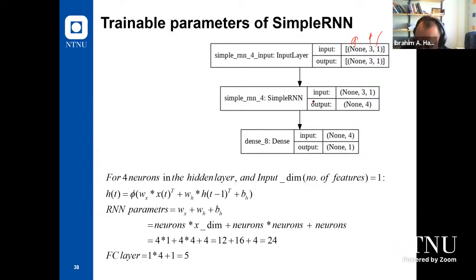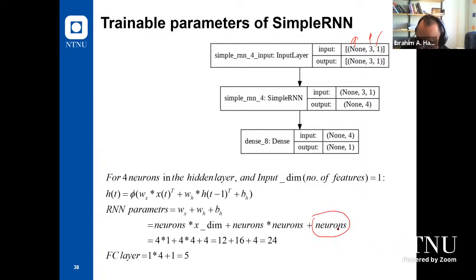So the number of parameters will be the number of these hidden neurons. It will be 4 times the x dimension, the number of features, which is 1. Plus hidden to hidden. I mean, this one. It's hidden to input, right? So hidden to input will be 4 to 1, correct? So 4 times 1, plus hidden to hidden, which is 4 times 4, plus the number of biases here.